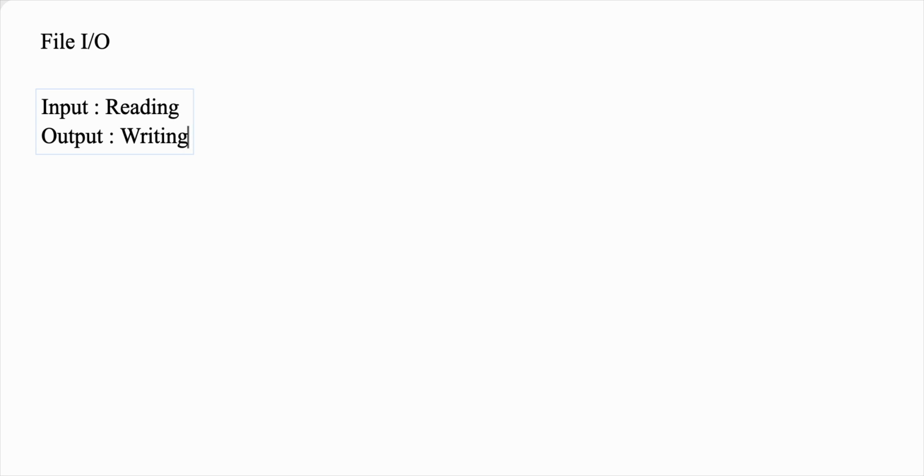So why do we need file input and output? It helps developers store and retrieve data efficiently. The first thing is data persistence. Without file input and output, your program data disappears when it stops running.